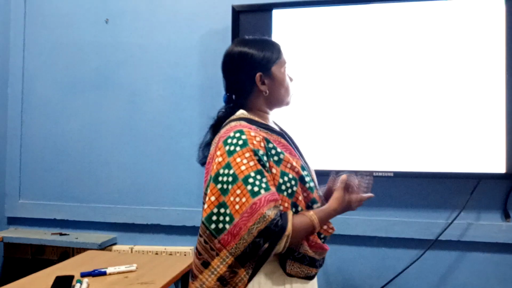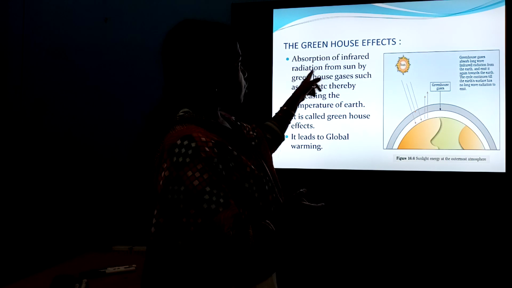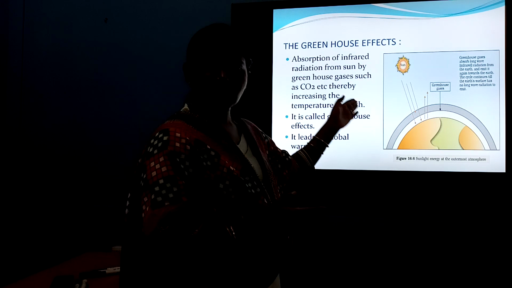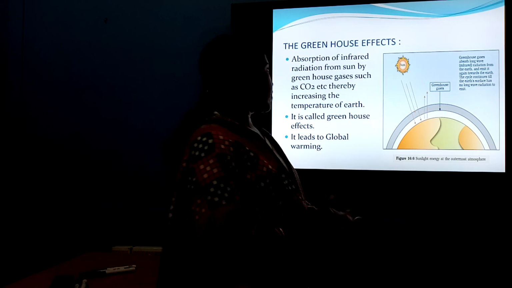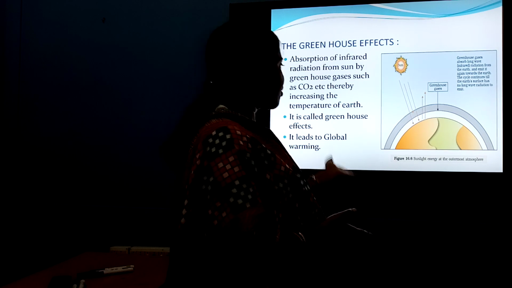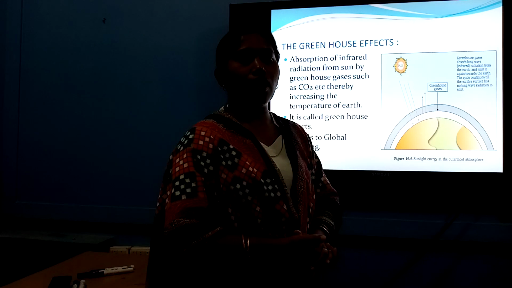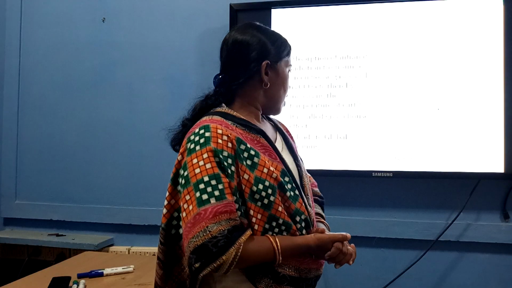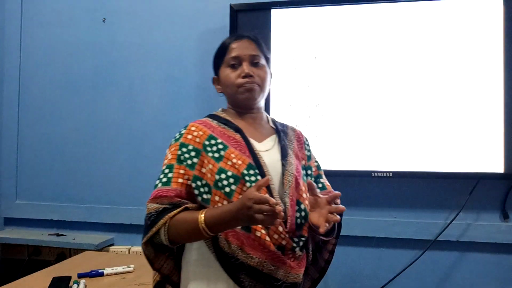Now the next, greenhouse effect. The absorption of infrared radiation from the sun by greenhouse gases such as carbon dioxide, thereby increasing the temperature of the earth, is called the greenhouse effect. It leads to global warming.